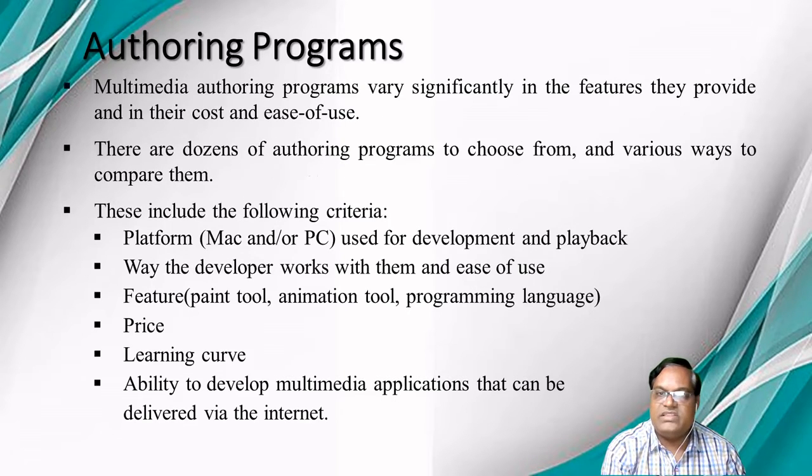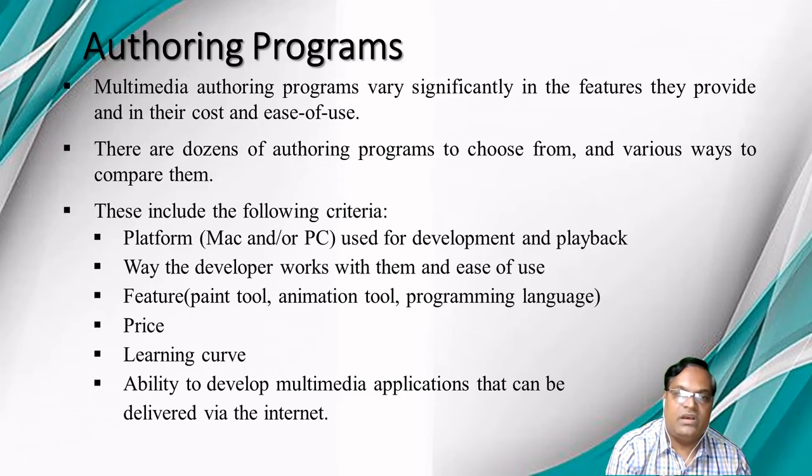And multimedia authoring programs vary significantly in features, as well as in terms of cost or ease of use. Nowadays, there are dozens of authoring programs available in the market where you can compare various options. So what are the criteria you should look at to choose a particular authoring program?